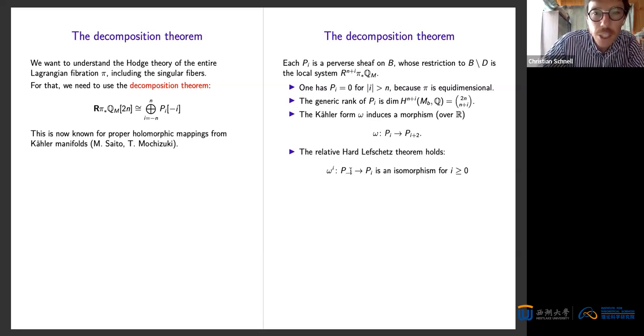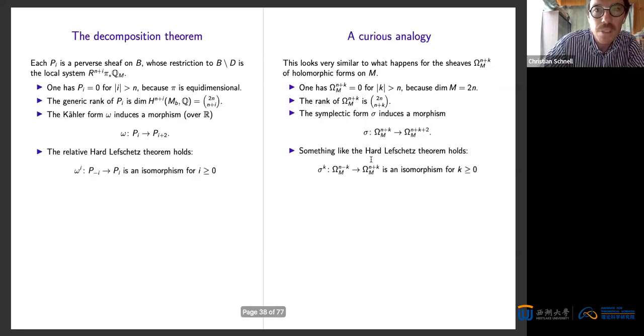The curious analogy is that something very similar to all of these properties happens for the holomorphic forms on M. Each of the properties here on the left has an exact analog for the sheaves of forms on M. If I look at the sheaves of holomorphic forms, they go from degree 0 all the way up to degree 2n, because M has dimension 2n.